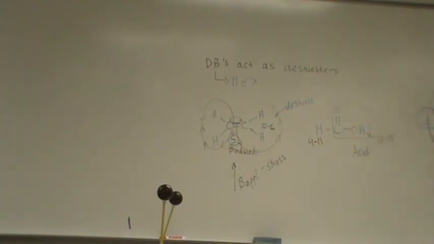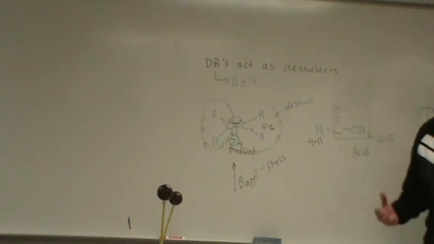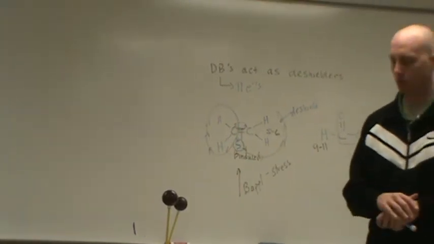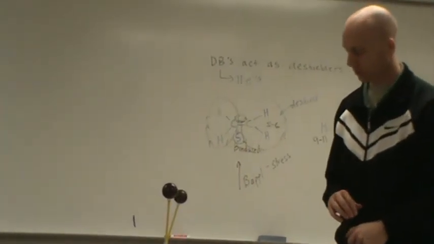So those are some exposure to some extra deshielders that we haven't seen. Any questions on those? These lines that get generated, that are induced, or sometimes called flux lines, help to deshield those hydrogens.